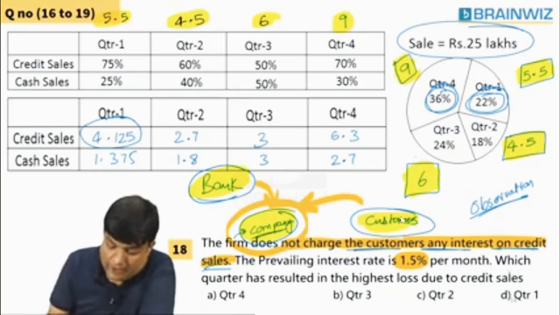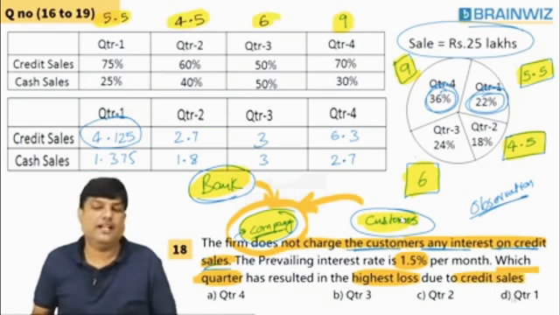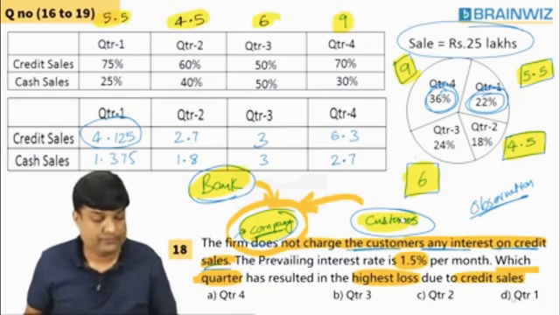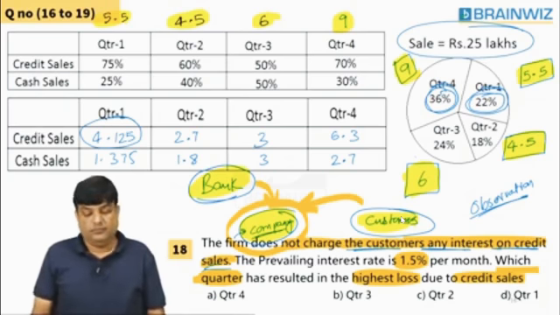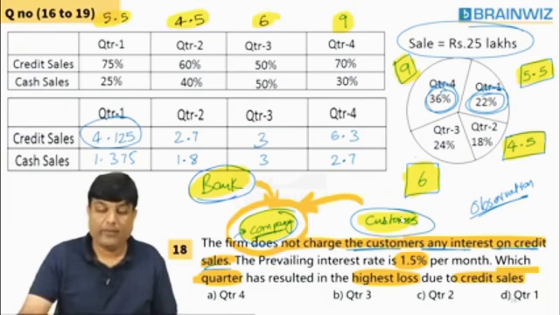So that's the reason I'm asking you, which quarter had the highest loss due to credit sales? Come on, guys. You can answer this by observation. Are you understanding, everybody?